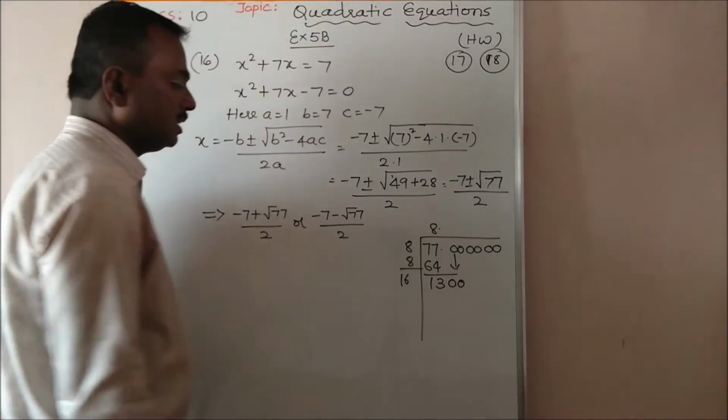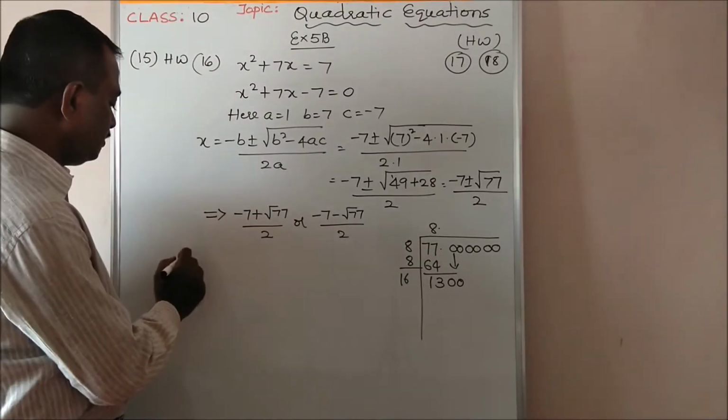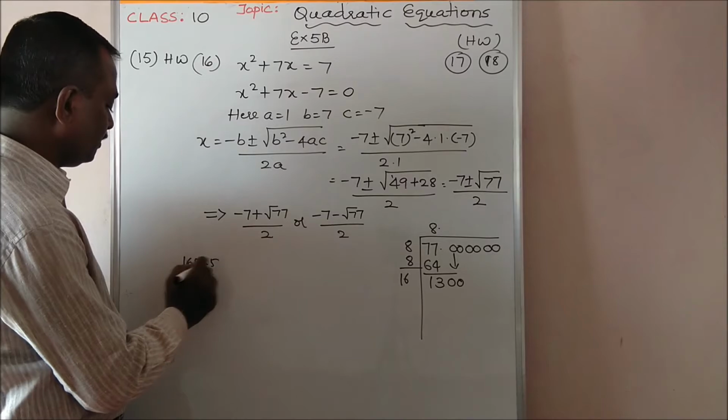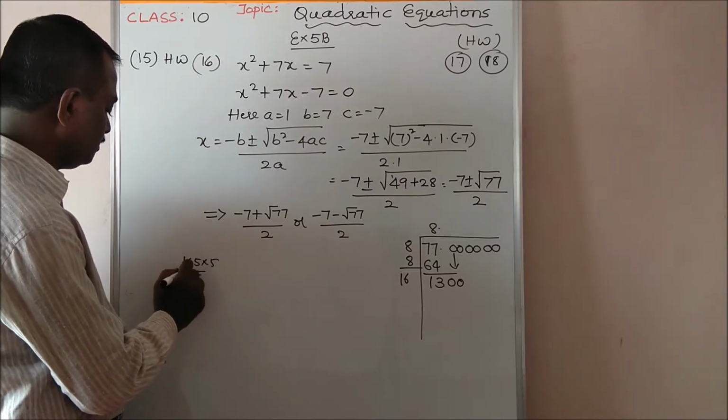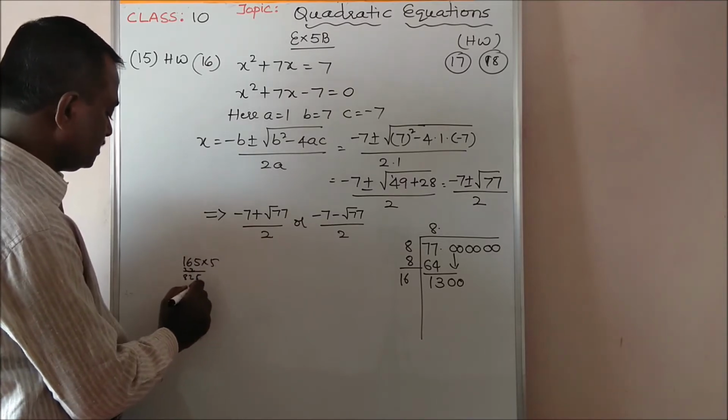Now we have to check the table. 165 into 5, so it is very less.